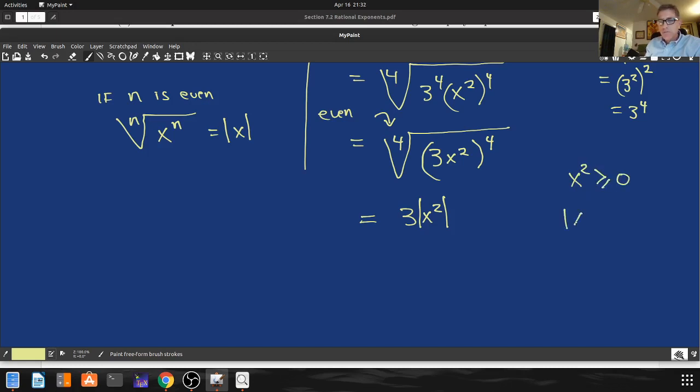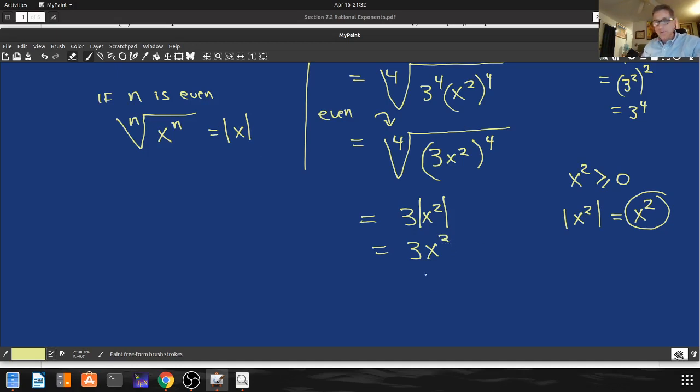So the absolute value of x squared is always just equal to x squared, because the absolute value of a number that is always greater than or equal to 0 is just that number. So we can axe the absolute value, and it's just 3x squared.